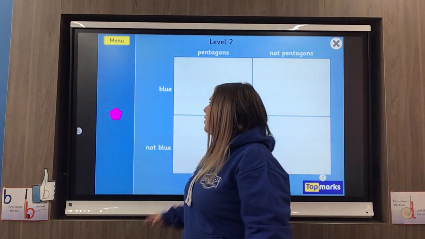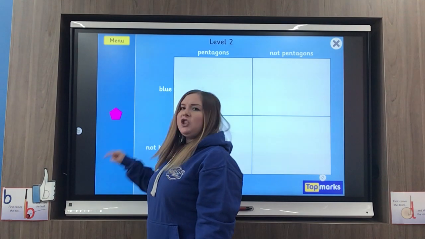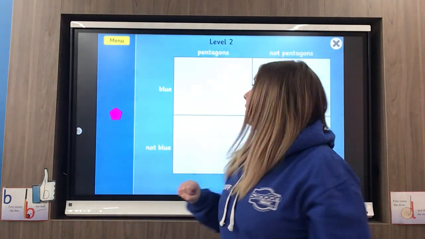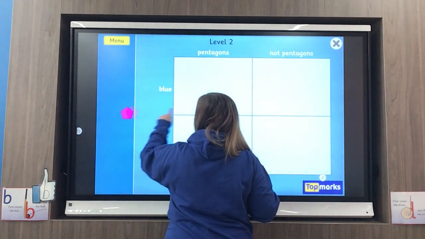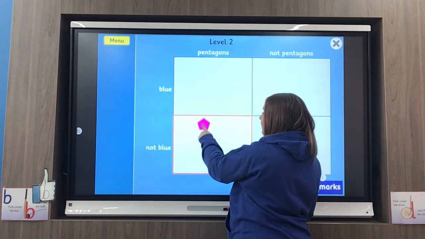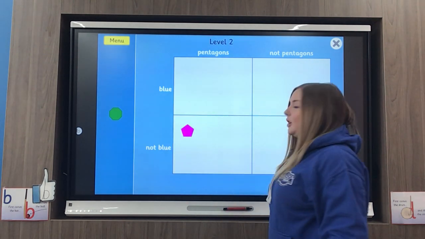Okay, so here I've got a shape that's got 5 sides. What do we call a five-sided shape? A pentagon. And is it blue or not blue? It's not blue, is it? It's pink.